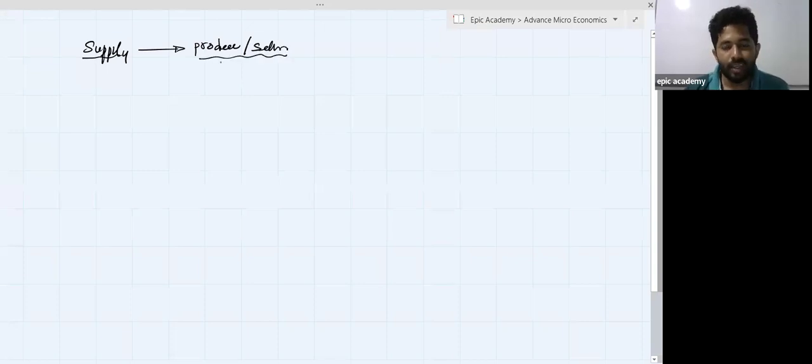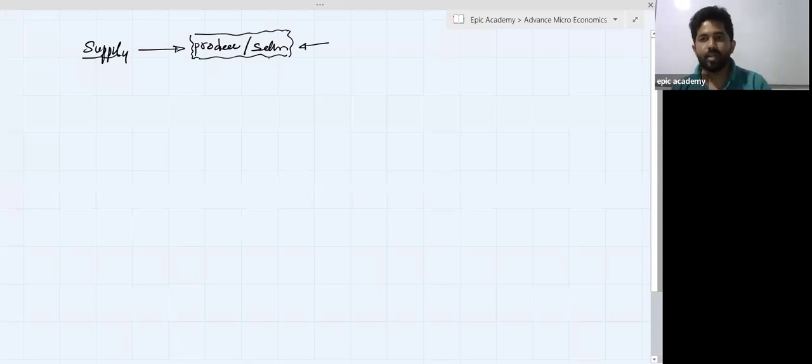In a practical manner, you can identify that the activity of the sellers and producers can change. But in economics, we are going to discuss these two parties together. Because if you discuss the producer, seller, retailer, wholesaler, their activities and preferences can change, so we cannot identify this.